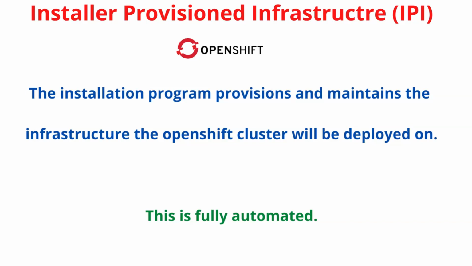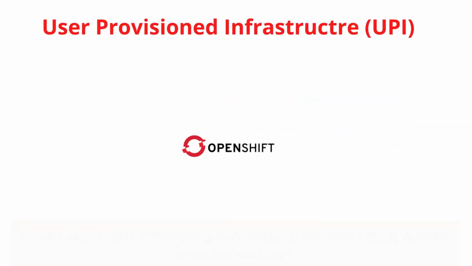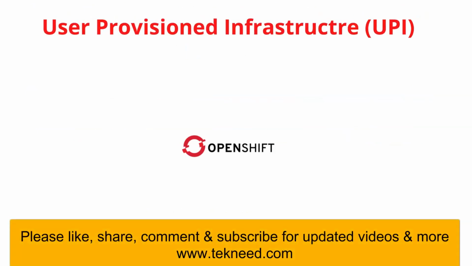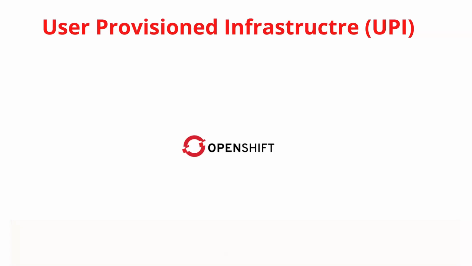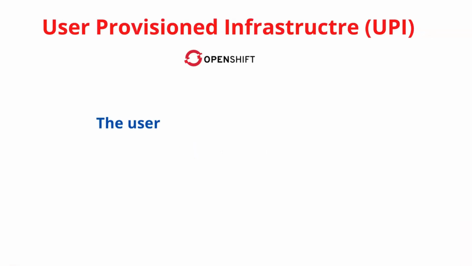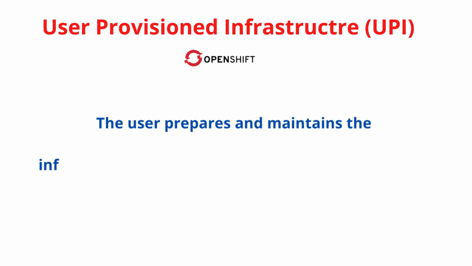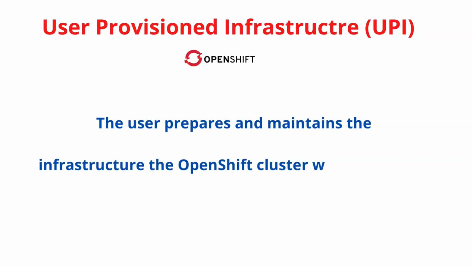Secondly, or alternatively, you can use the UPI method to install the OpenShift cluster if your environment does not support the IPI method. And from the word user provisioned, this means that you, the user, will be the one to prepare and maintain the infrastructure the OpenShift Container Platform will be deployed on.